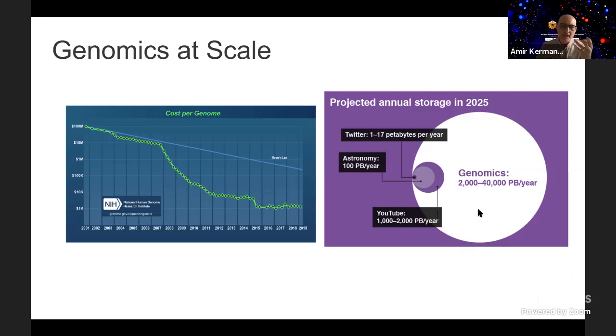The ballpark is that we think by 2025, the size of the genomics data sequenced in that year would be 25 times more than all the videos uploaded to YouTube. This signals, purely from a technical perspective, that we have a scale and a big data problem.